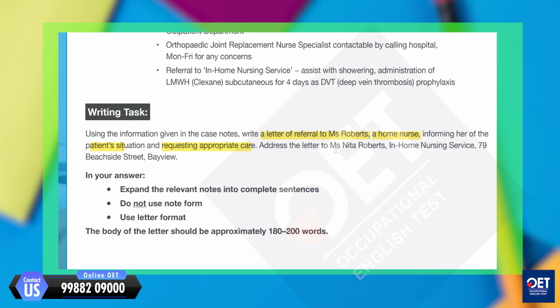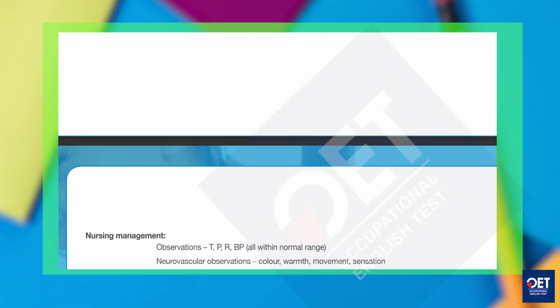You need to address the letter to Miss Nita Roberts, in-home nursing service, 79 Beachside Street, Bayview. So we are writing the referral letter, referring the patient to a home nurse whose name is Nita Roberts for the appropriate care of the patient following her discharge. Very clear now? Let's read the case notes now.